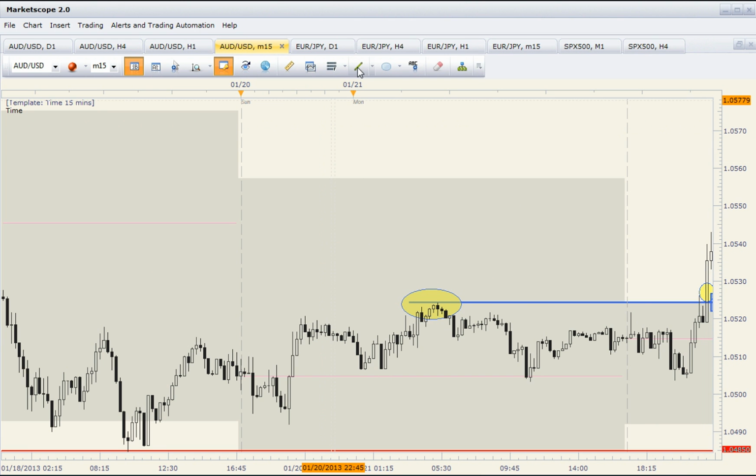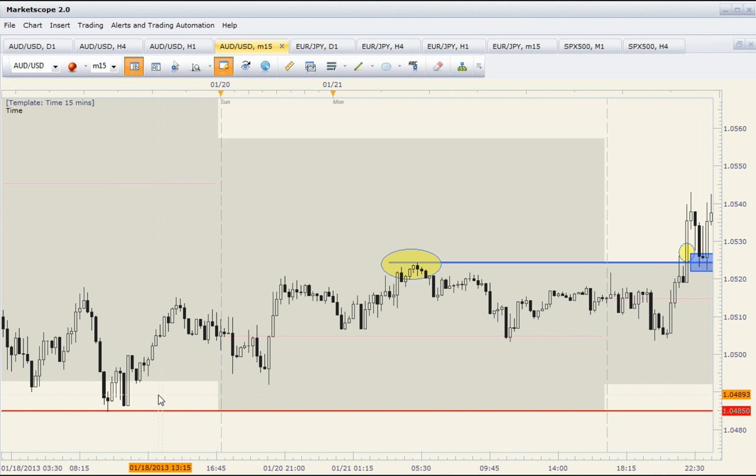Well, now I could say, look for the lowest low, which was here, and maybe draw a line and connect points. So here's the low, higher low, higher low, and another higher low.